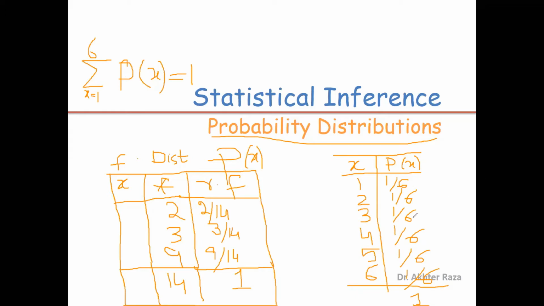The other condition that this table must fulfill is that all probabilities are greater than or equal to 0, and the sum of probabilities is again equal to 1. If a table fulfills these two conditions, we can call such a table a probability distribution. So that is a very simple description of a probability distribution.